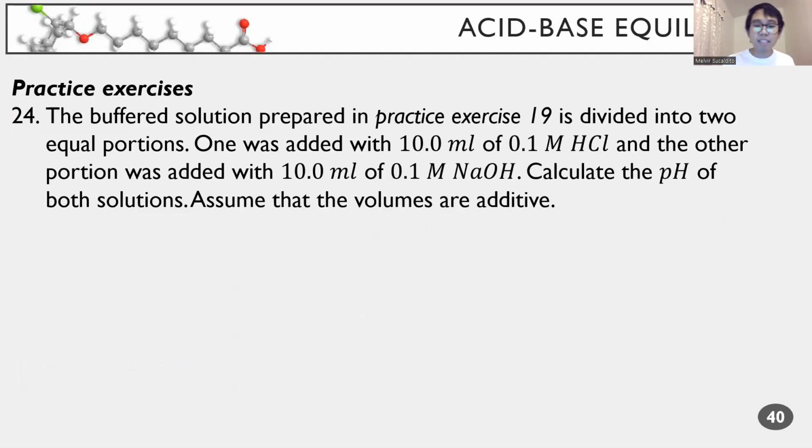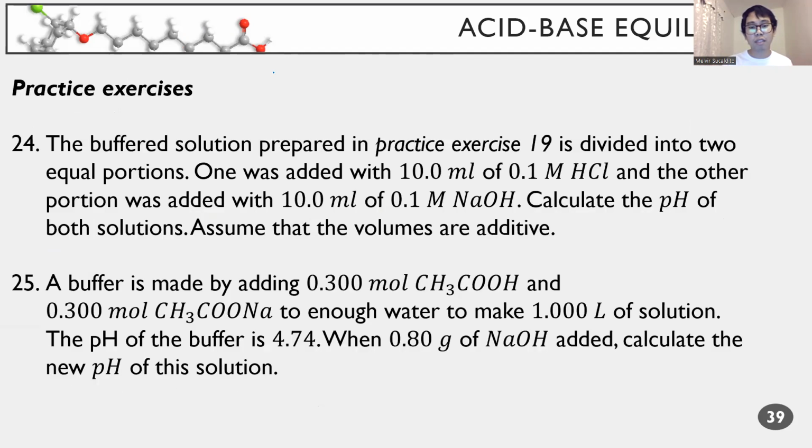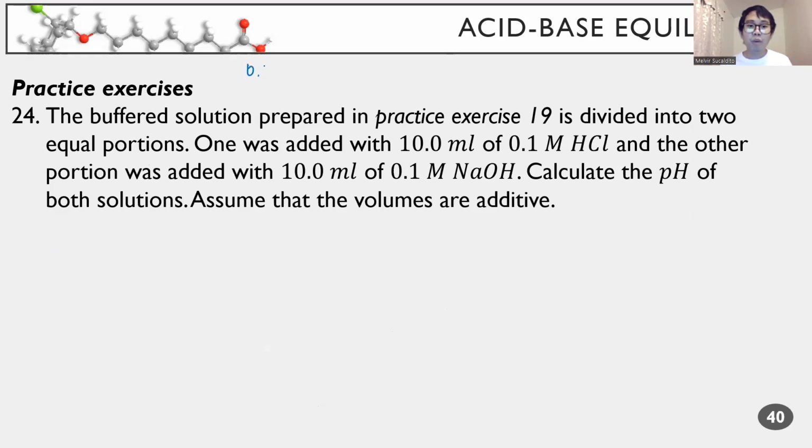For practice 19, this is a mixture of acetic acid and acetate ion, 0.62 moles of acetic acid and 0.57 moles of sodium acetate mixed together to form a 2.0 liter solution. Okay, that's for question number 19.